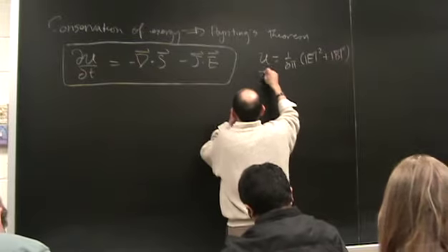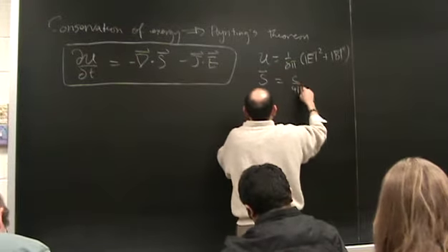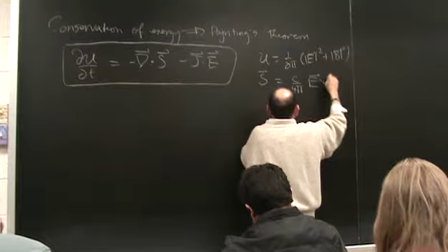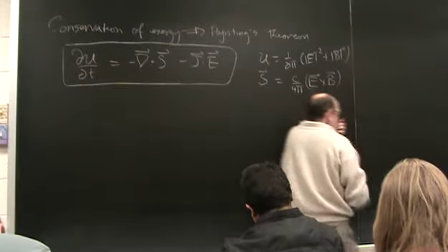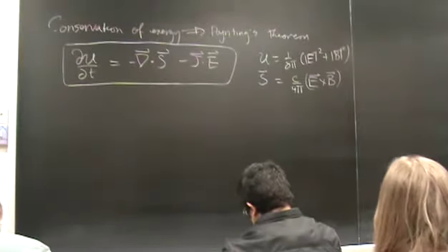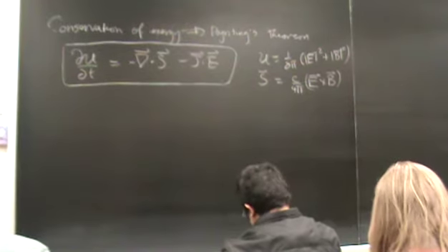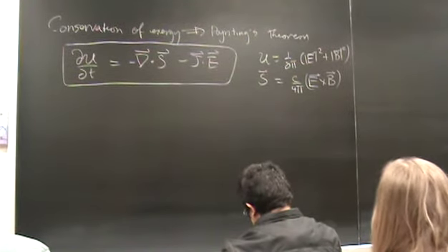The Poynting vector is c over 4 pi E cross B. Or 1 over mu naught if you're so inclined. Okay?